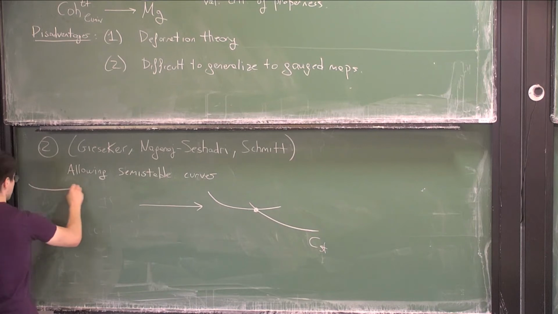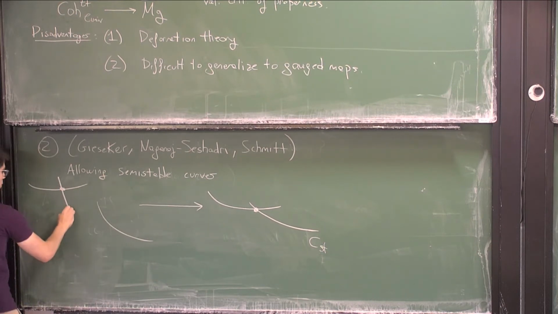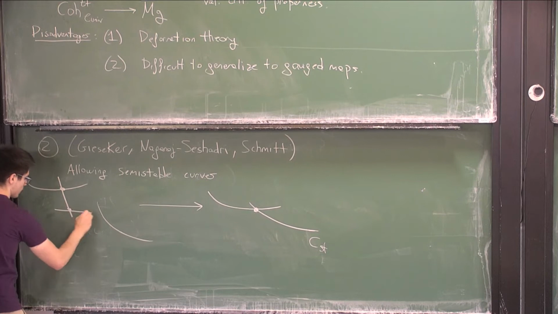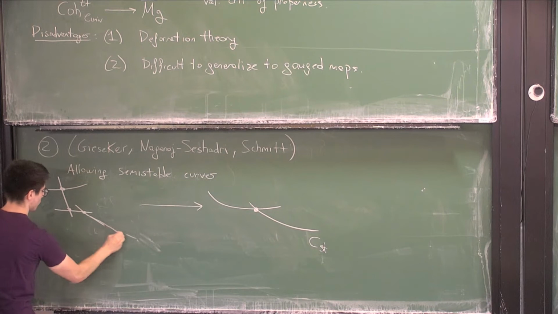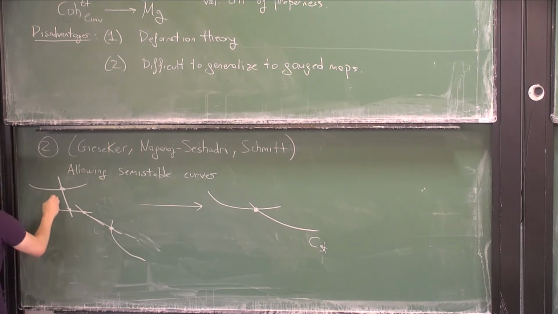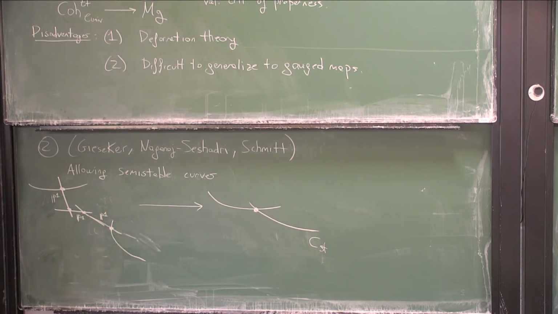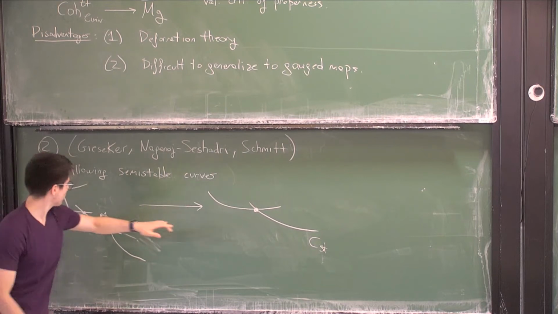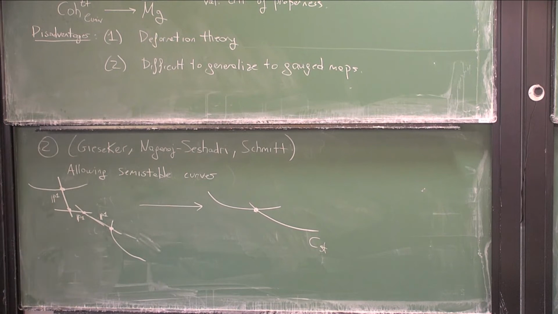And it's going to look like the same curve as before, but you're maybe going to allow a few chains of P1s to appear in between the nodes. So these ones are going to be P1s. It's a shame that I don't have color chalk, but it's the same curve as before, but now you blow up the node a bunch, and you're going to get 3 P1s in between. And you're going to have a vector bundle here.